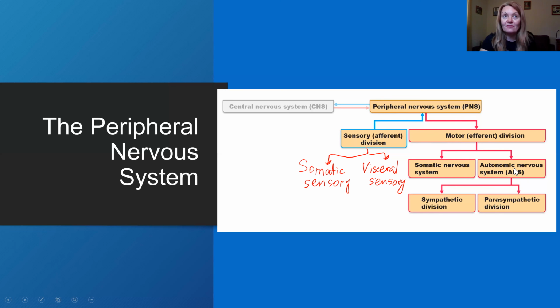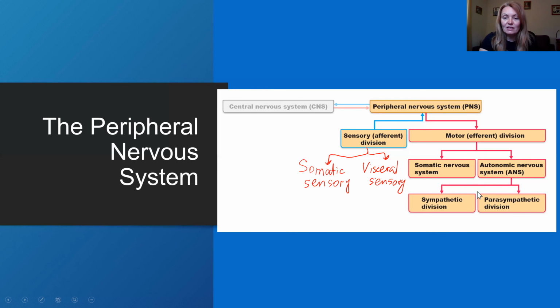In the autonomic nervous system, the effector organs are going to be smooth muscles, cardiac muscles, and glands. And this will be done subconsciously. So you cannot regulate your heartbeat, the rate of your breathing, or, obviously, your sweat glands, right? So that's going to be done by the ANS.